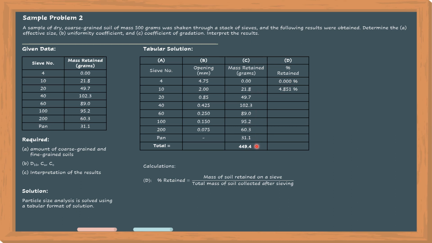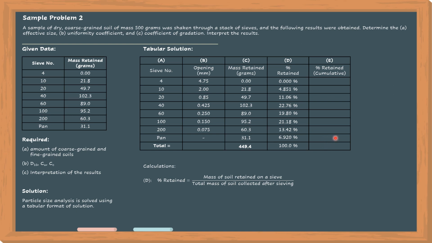Then 21.8 over 449.4 is 4.851%. And then 49.7 divided by 449.4 times 100% is 11.06. And then when we complete that, the total would be equal to 100%.